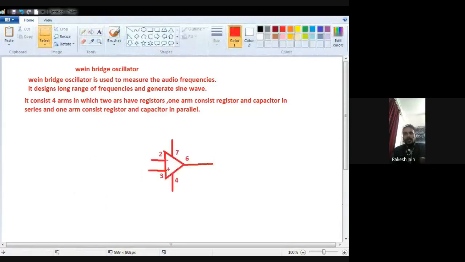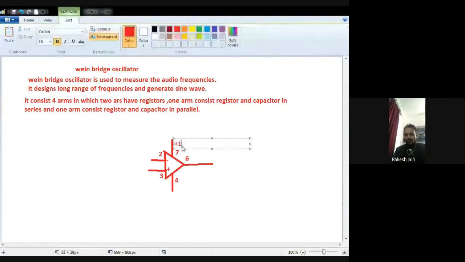For the plus V we use plus 12 volt here, and for the minus V, pin 4, that is minus VEE, the negative terminal of the supply is minus 12 volt.